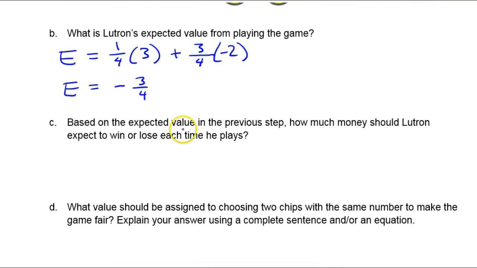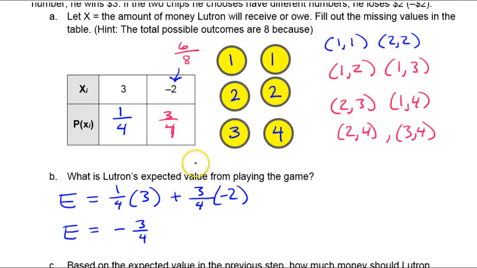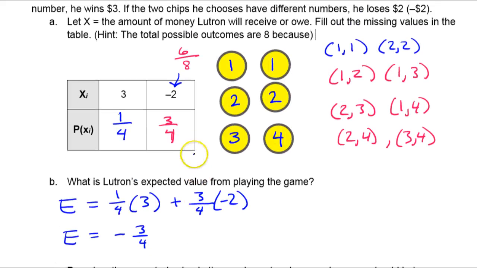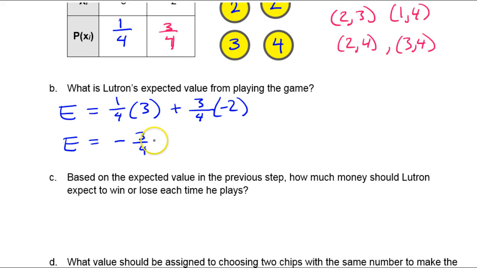Okay, so based on the expected value in the previous step, how much money should Latron expect to win or lose each time he plays the game? Well, if these are dollars, I said points, I should have said dollars. So let's convert this to a decimal so we can talk money. 3/4 is 0.75.